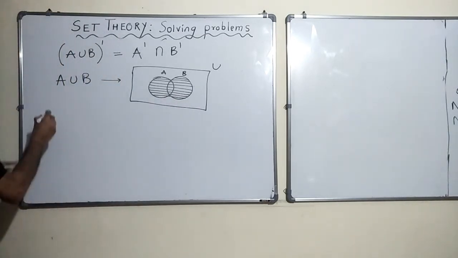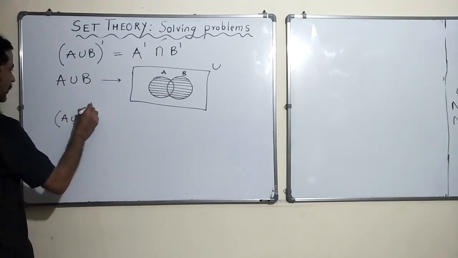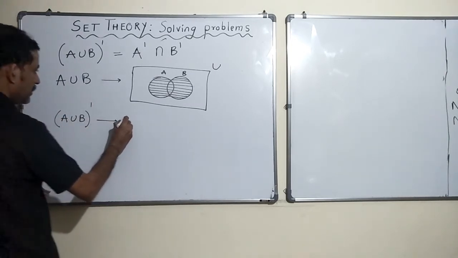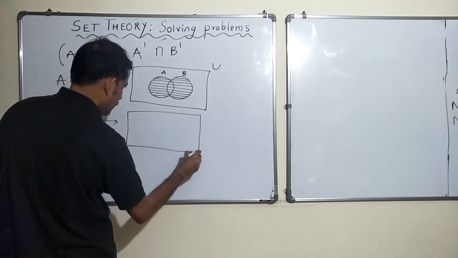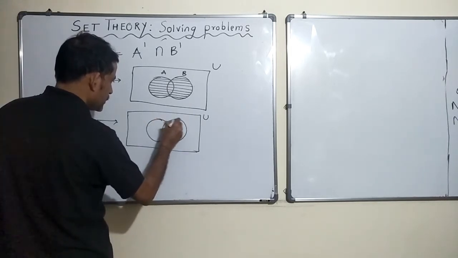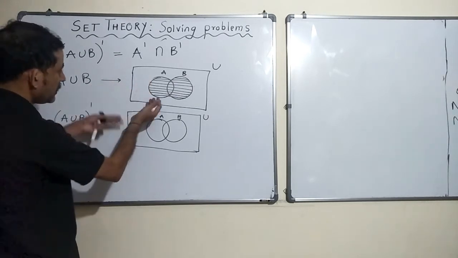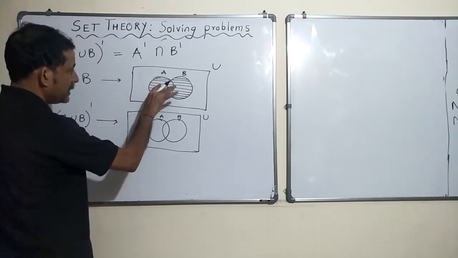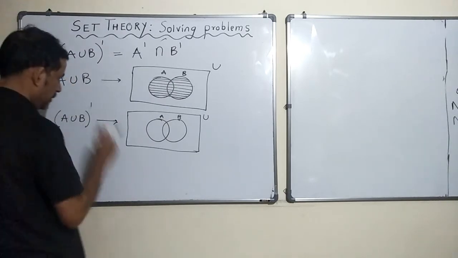Correct? Now, the complement of A union B would be, this is a universal set, this is A, this is B. So, whatever was not shaded earlier gets shaded now, and whatever was shaded earlier will not be shaded, right? That is the complement, right?